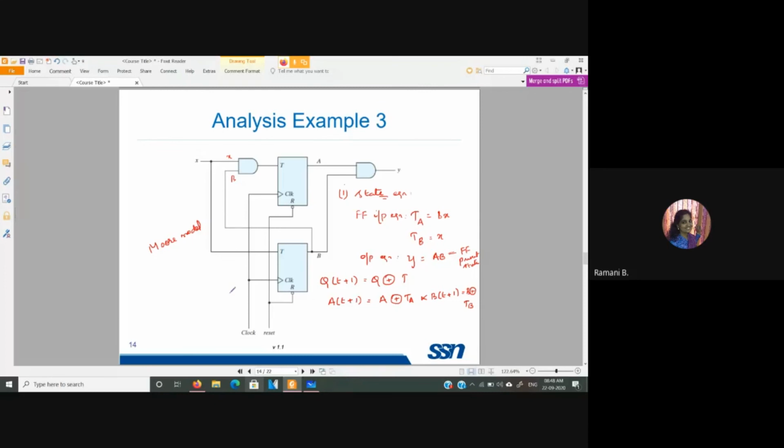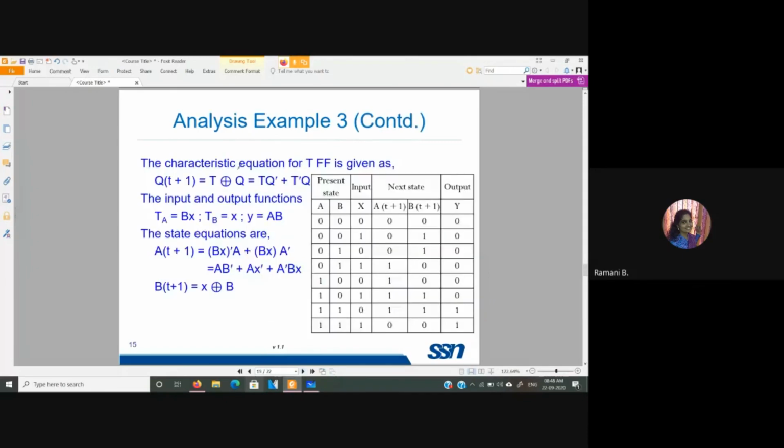So here, with respect to this, you could substitute the values as such over here. So A of t plus 1 is A XORed with B x, and B of t plus 1 is B XORed with X. With this, you could fill the table.